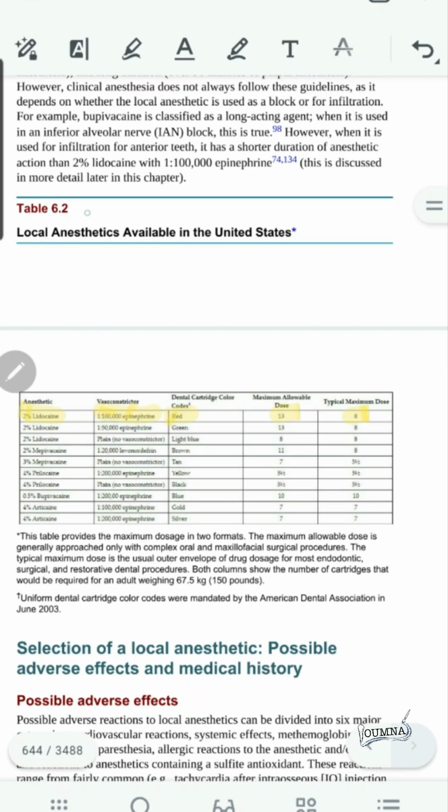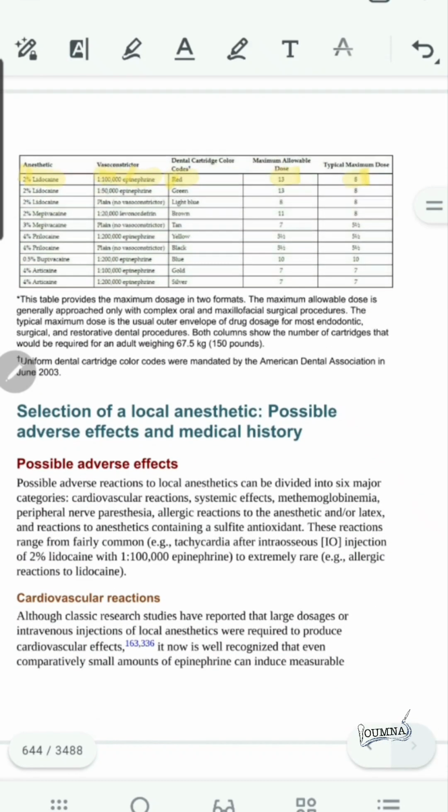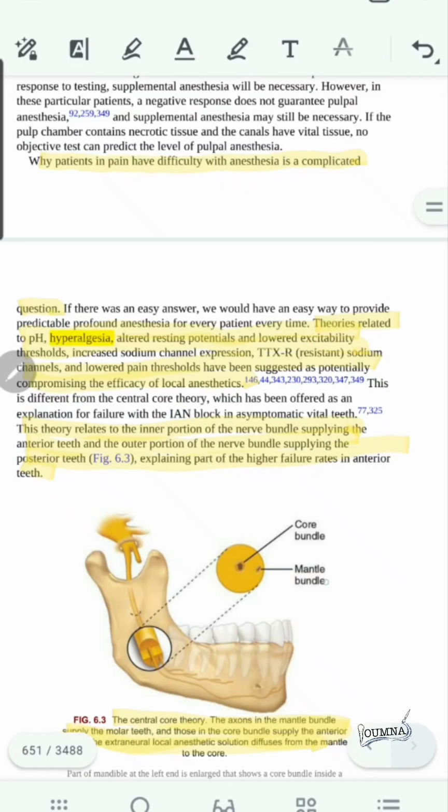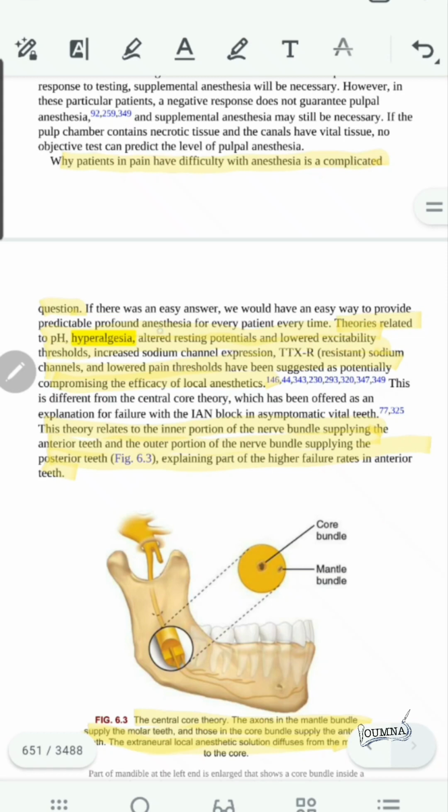The most common local anesthetic is the 2% lidocaine with epinephrine, and its maximum allowable dose is 13 ampules, and the typical maximum is 8 ampules. What affects the efficiency of the local anesthesia is the pH of the medium, which we said previously, as an acidic medium decreases the efficiency of the anesthesia.